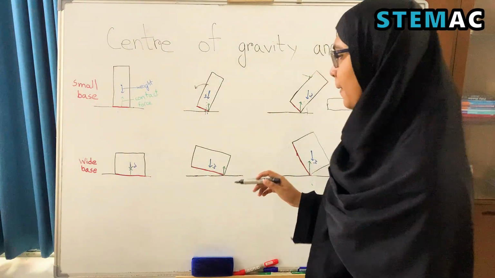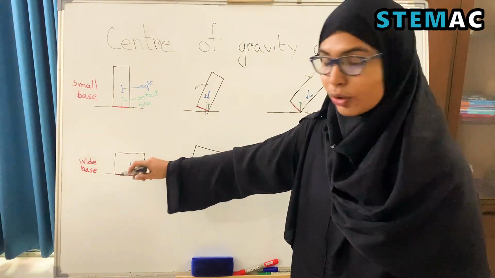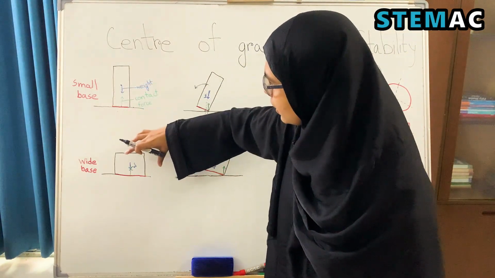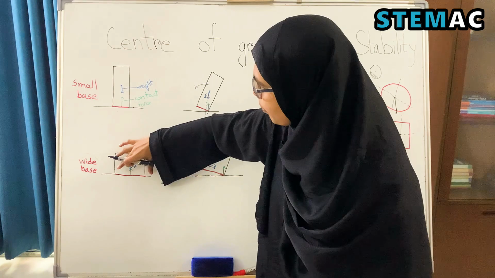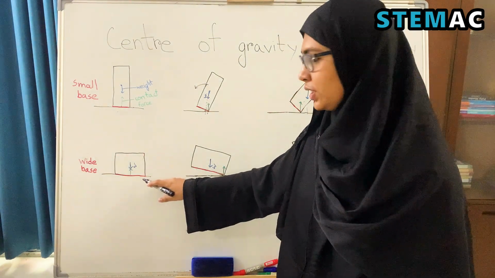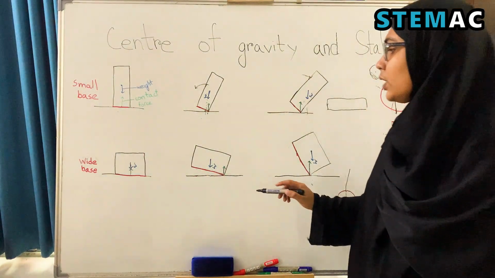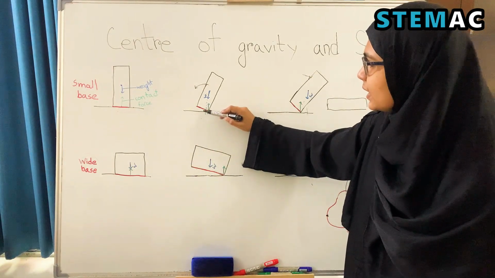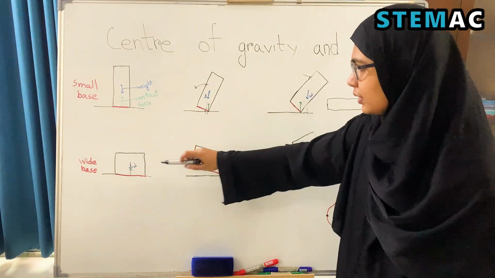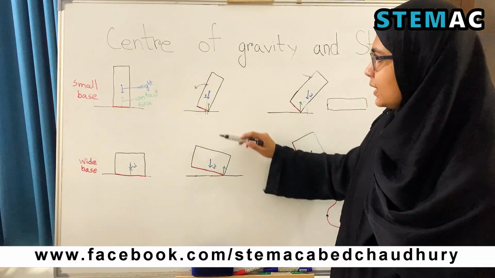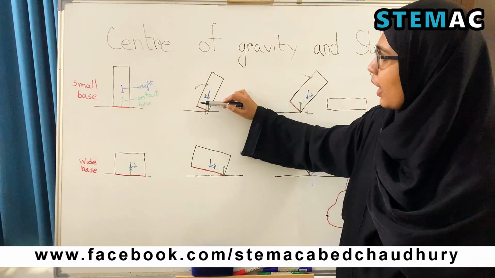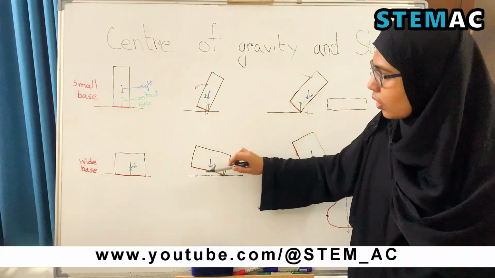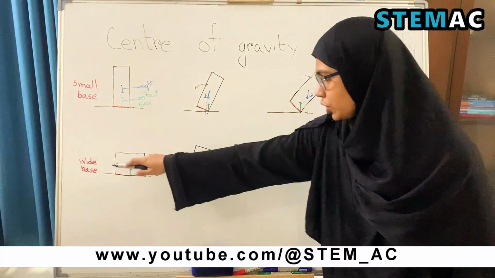Here this is another object with a wider base, because when this length is compared to this length, it is much bigger. When this same object is tilted at the same angle at which this object is tilted, this would also return to its original position, this position.